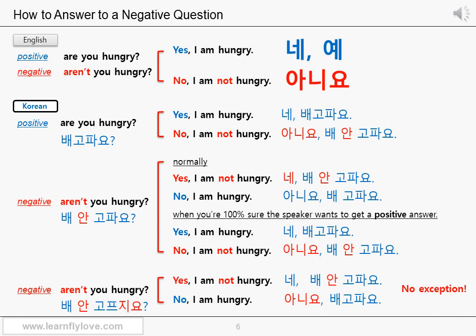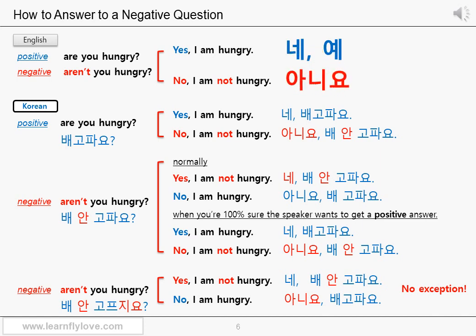By the way, you know how to say yes and no in a Korean honorific sentence, don't you? Yes is 네, or 예. In my personal opinion, 네 sounds more casual and 예 sounds a little bit more polite.